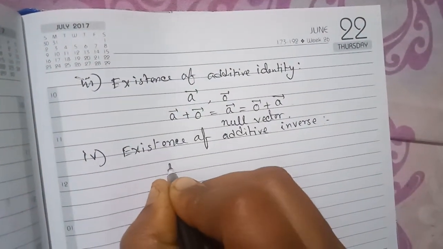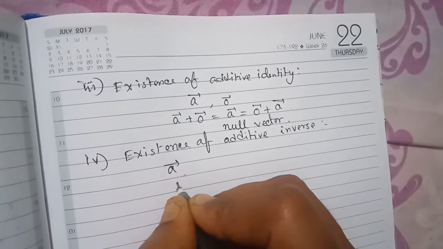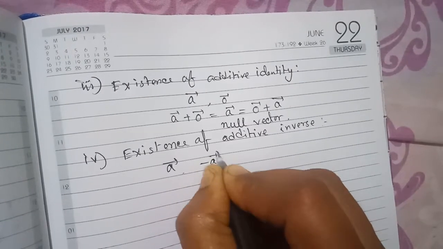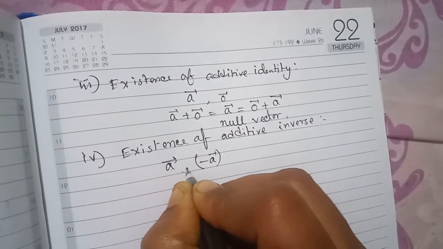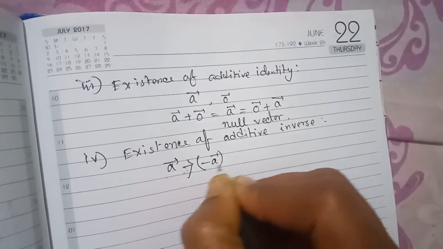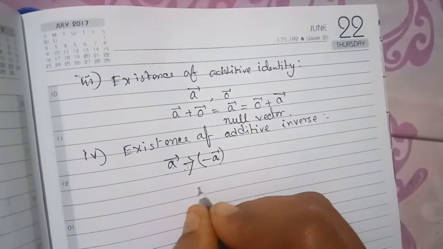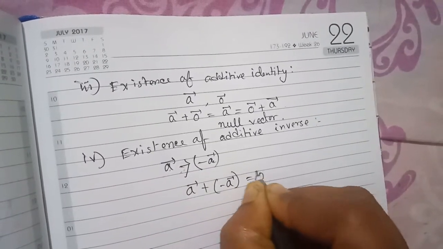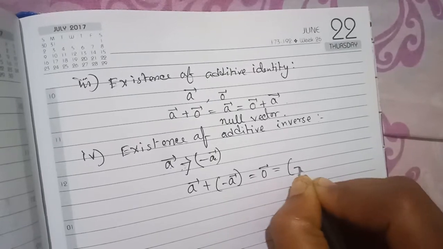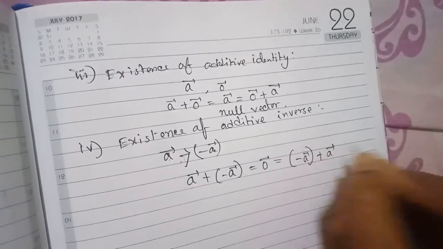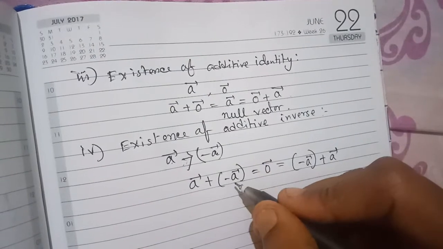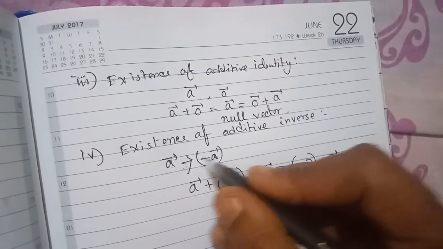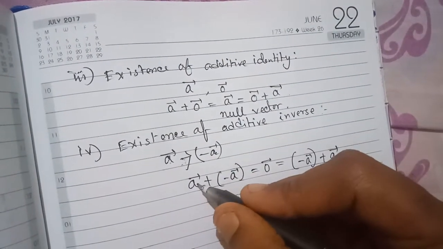It tells that for every vector A, there corresponds a vector minus A, that means the negative of this vector, such that A vector plus minus A vector equals 0 vector equals minus A vector plus A vector. Then this minus A vector, that means the negative of the vector, is called the additive inverse of the vector A.